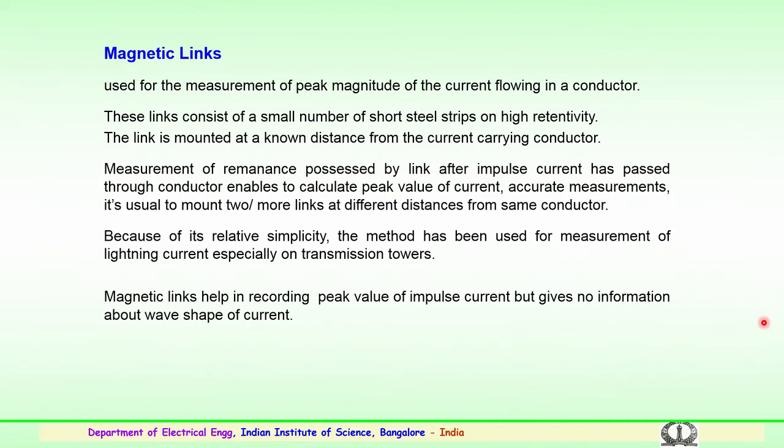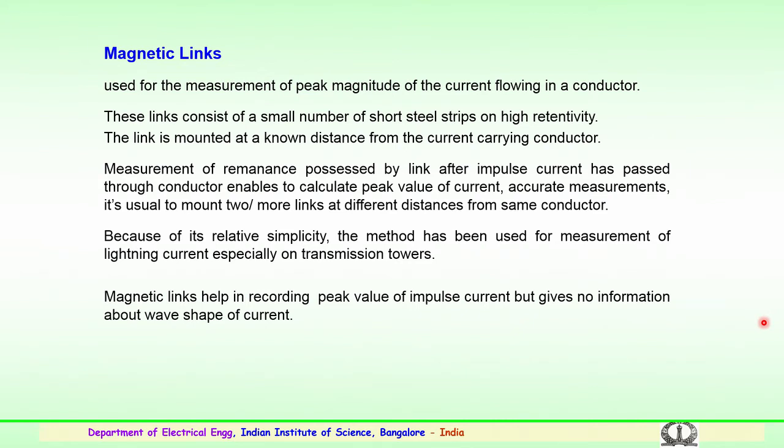The measurement of the remanence possessed by the link after an impulse current has passed through the conductor enables calculation of the peak value of current. For accurate measurements, it is usual to mount two or more links at different distances from the same current carrying conductor.